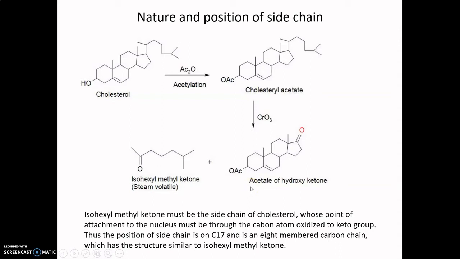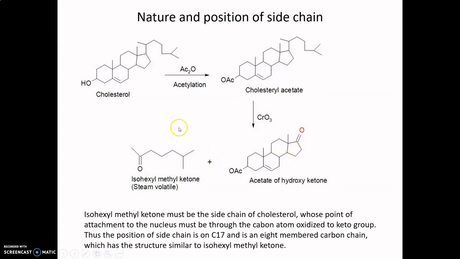Now, in the acetate of hydroxyketone, the keto group was present over here on carbon 17. So that implies that the point of attachment of the steam volatile compound to the cholesterol nucleus must be on carbon 17 through the keto group. So the position of the side chain must be on carbon 17, we can say.